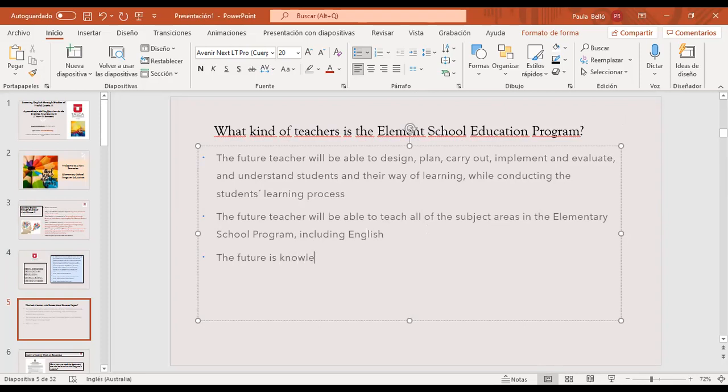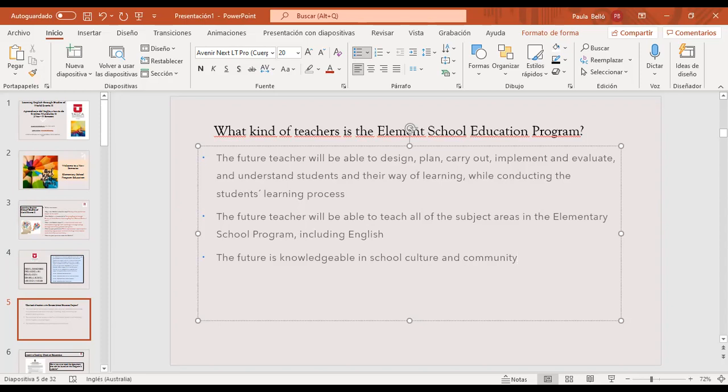Okay, and the future teacher is knowledgeable. Es conocedor de qué? Knowledgeable in school culture and community. Yes. Because when you finish the program, you will have known different educational settings, whether face-to-face or hybrid or even now virtual. And therefore, you will have this knowledge.